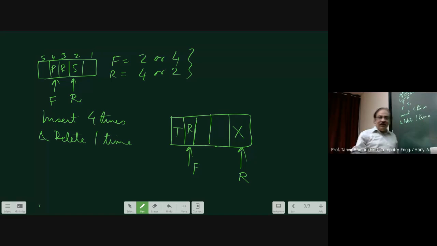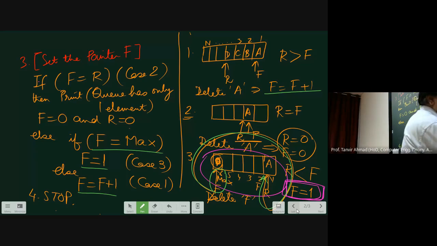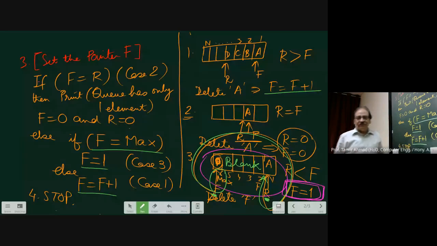I just told you in the last slide that if F is at this position, R cannot be there. Therefore, if you see this slide, if R is at this position and F is at this position, these all must be blank.